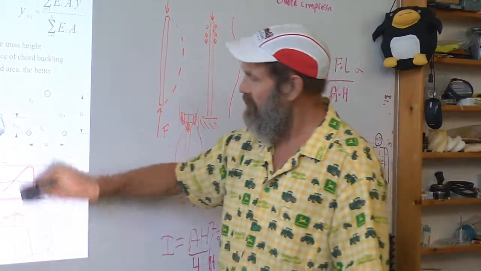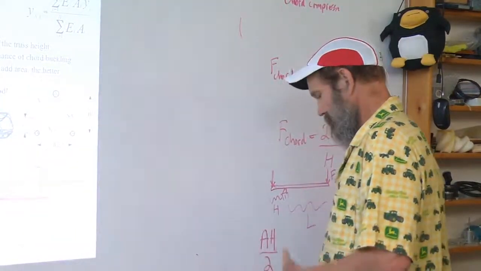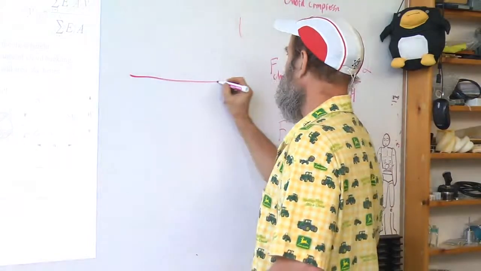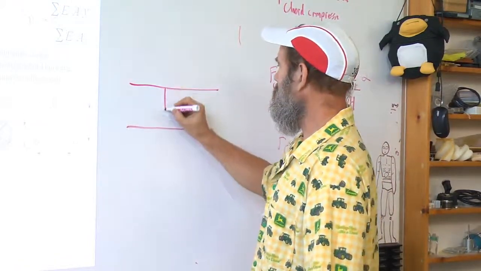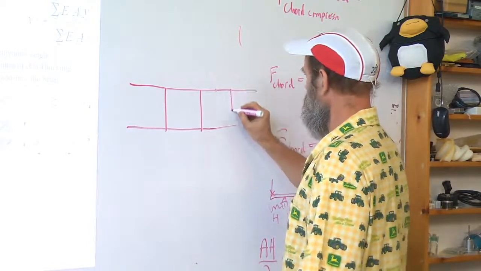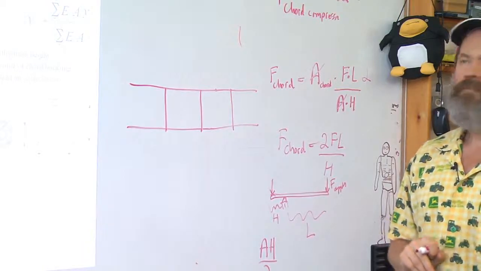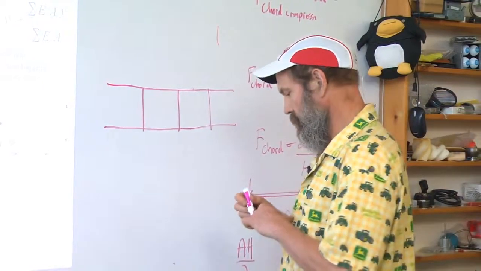Now, why are the bracings always on the diagonal? Why do I not make a truss that looks like this? Oh, this is so much prettier. Why don't I do that?